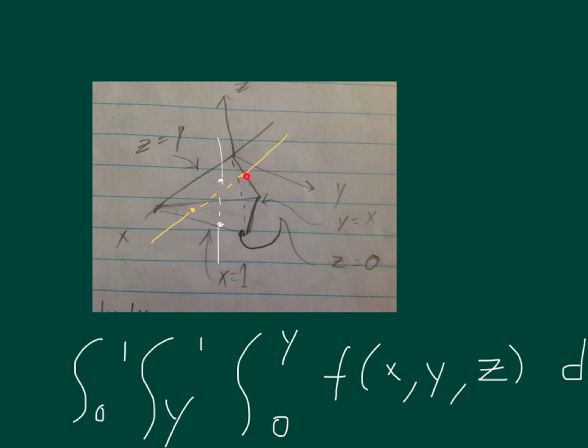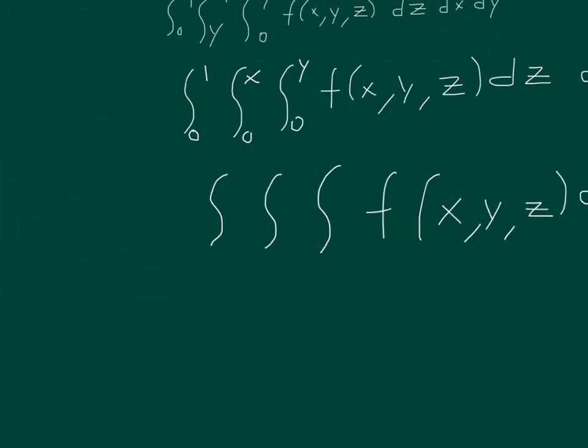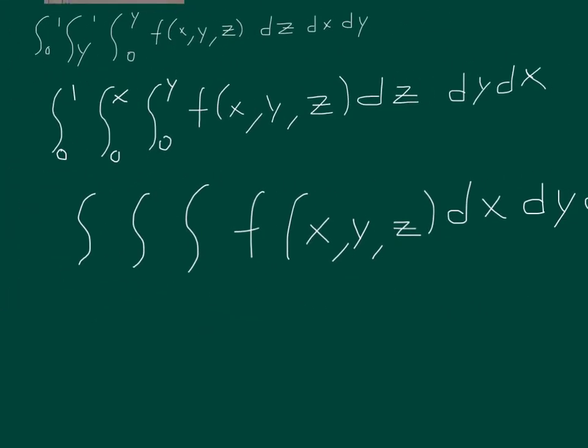So x is equal to y here, and x is equal to positive 1 here. So back to our order, our inner variable, we'll go ahead and say x is equal to y here, and 1 up there. And so we're almost finished.